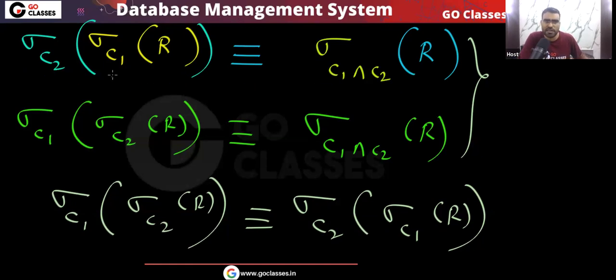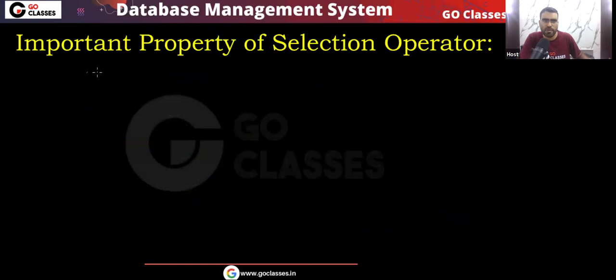See, understand the first line. Here we want those tuples which satisfy conditions C1 and C2. Here also the same thing. So finally I can say these two are the same. Is this clear? So remember the important property of the selection operator: it is commutative.